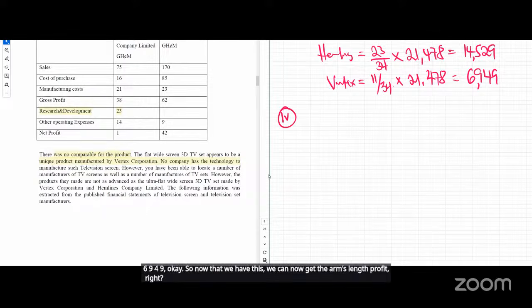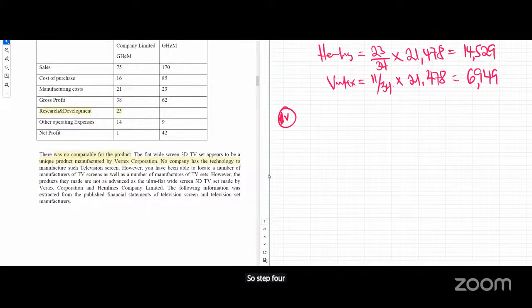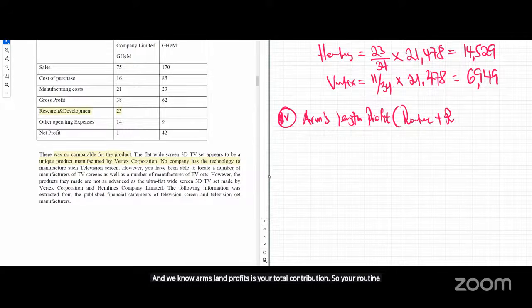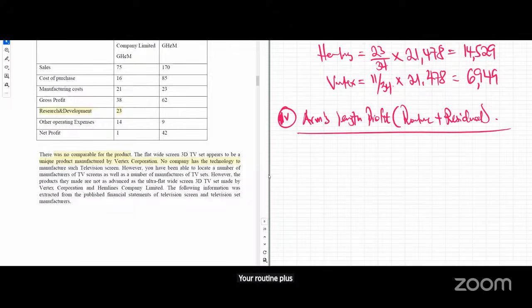So step 5, right? Arm's length profit. And we know arm's length profit is your total contribution, so your routine plus residual. Your routine plus residual, that is it. So in that case, let's see. If we have Hemlines here and we have Vertex here, their routine profit was how much?